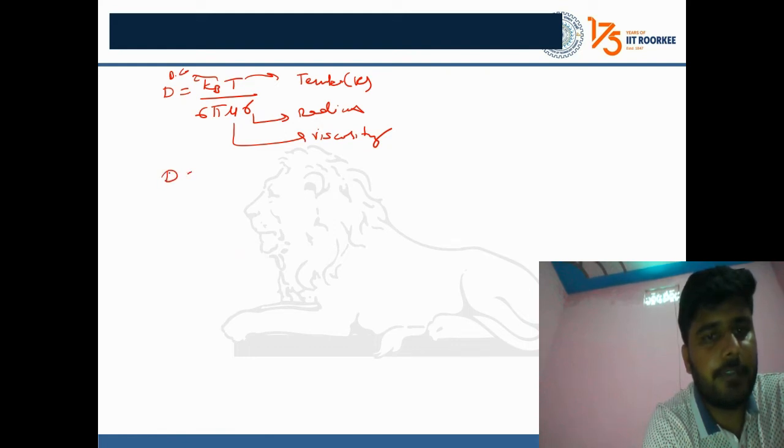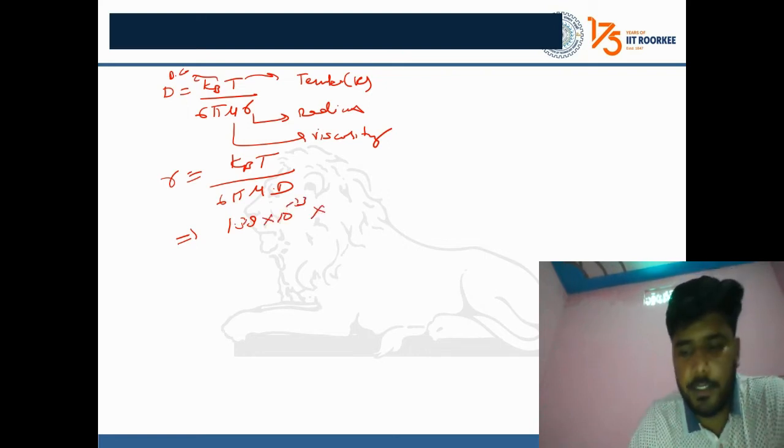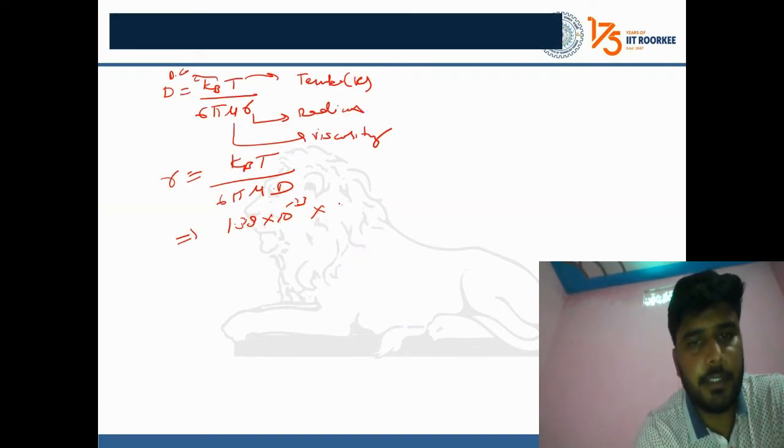The D value is given here. So r = KBT / 6πμD. Okay, so the KB value is 1.38 × 10^-23, and your value of temperature is 293.